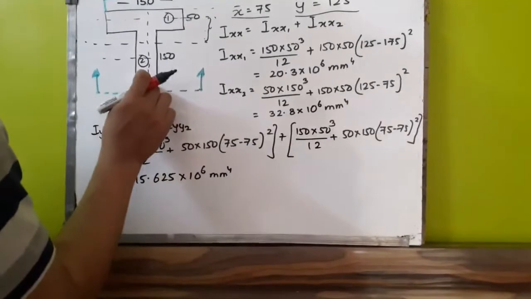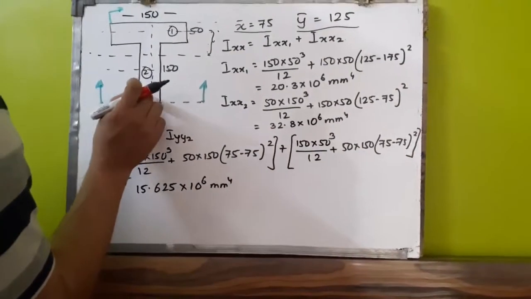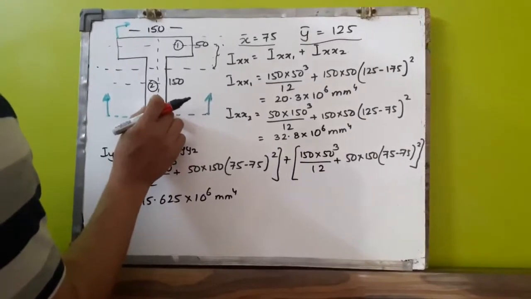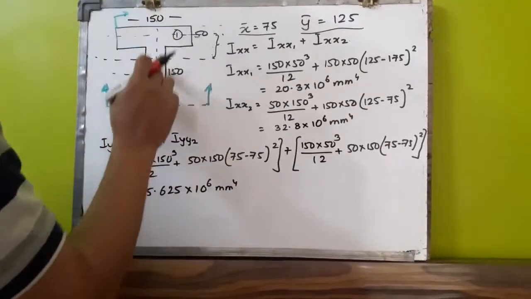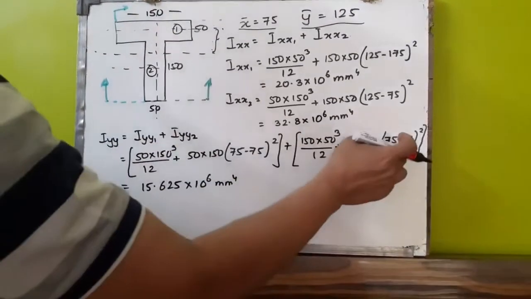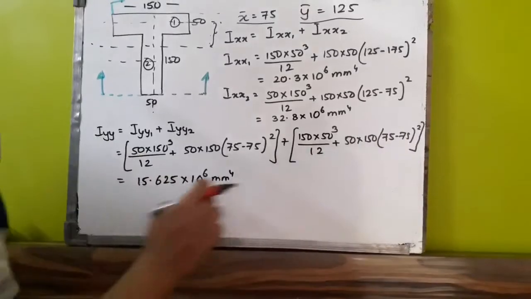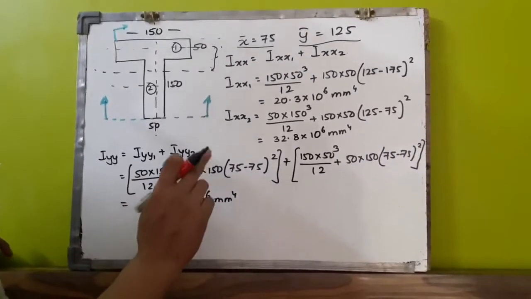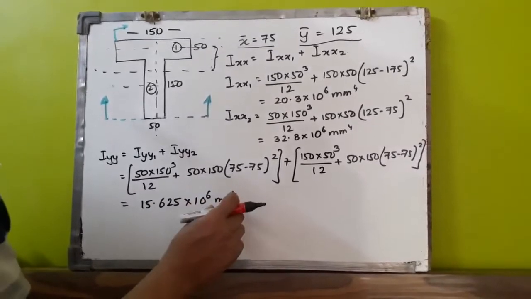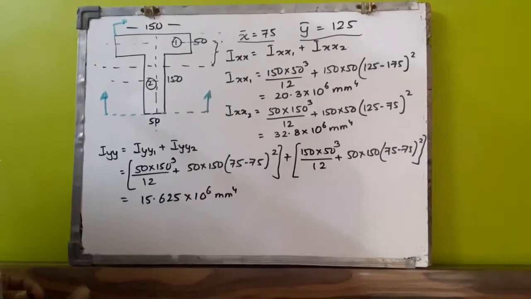So the centroid of body 2 with reference to this axis is 50 plus half of 50, which is 25, so 50 plus 25 is 75. The centroid of the composite body also is at 75. So this is 75 minus 75 whole square, and you can calculate it as 15.625 into 10 to the power 6 mm to the power 4. Mm to the power 4 is the unit of moment of inertia.